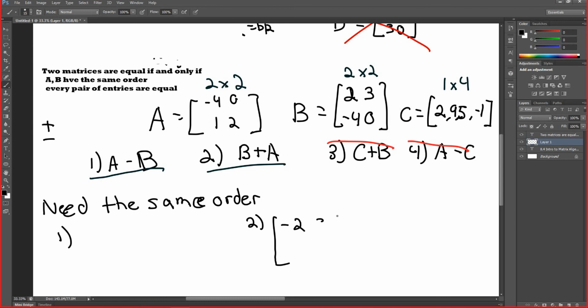So this is just 3. For 2, 1, it's 1 plus negative 4. So this is negative 3. And then for 2, 2, it's 2 plus 0. So this is just 2. So there's nothing different about adding the matrices as long as they have the same order. If you don't have the same order, you can literally just say does not exist, DNE.